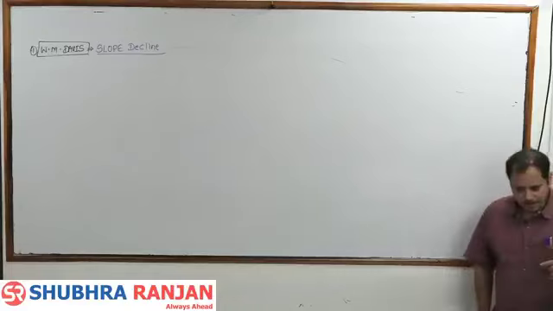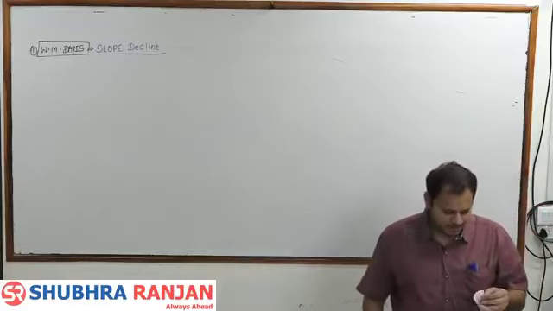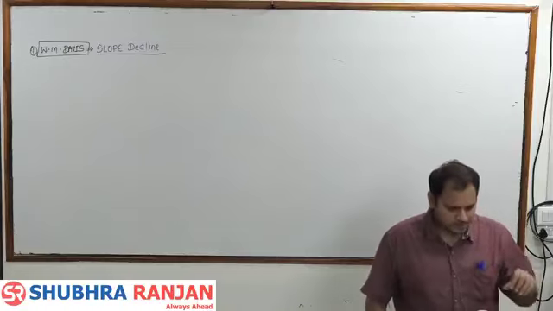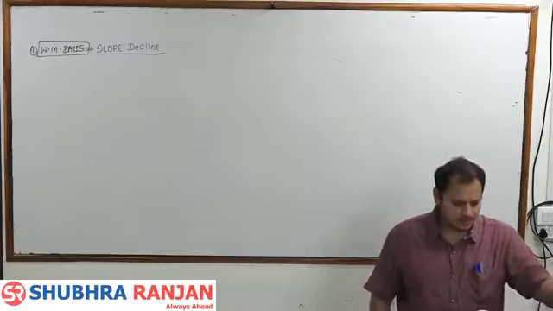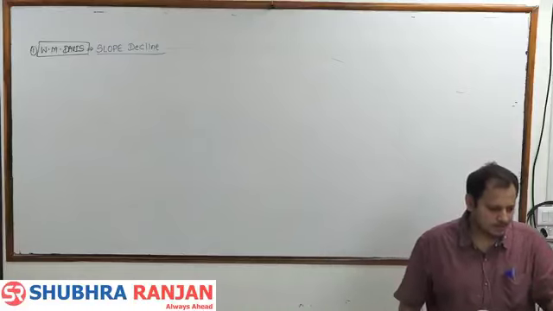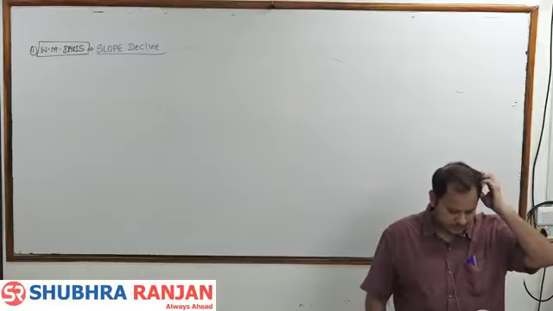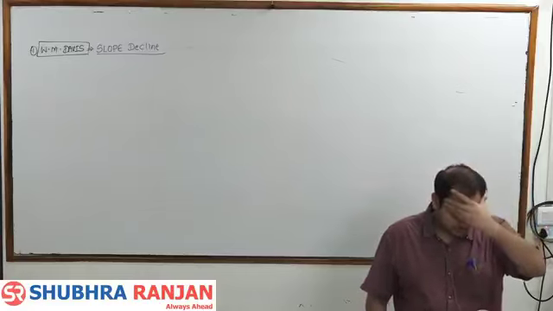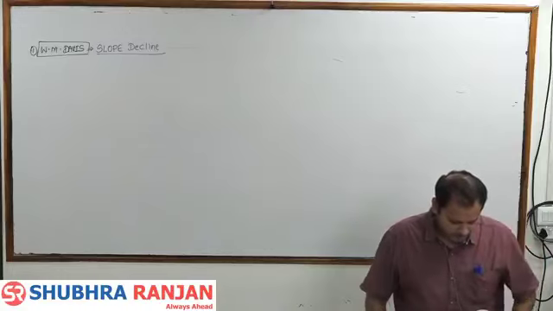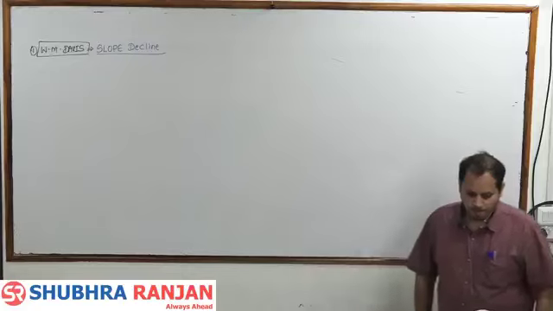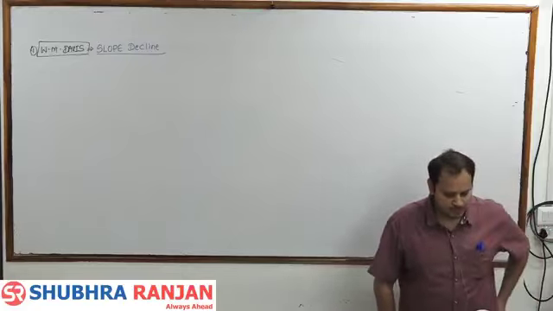Next. His theory is known as the slope decline theory, which was a part of his geomorphic cycle.